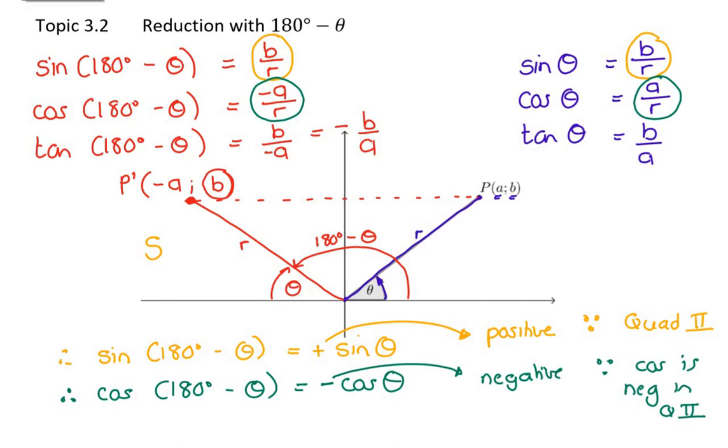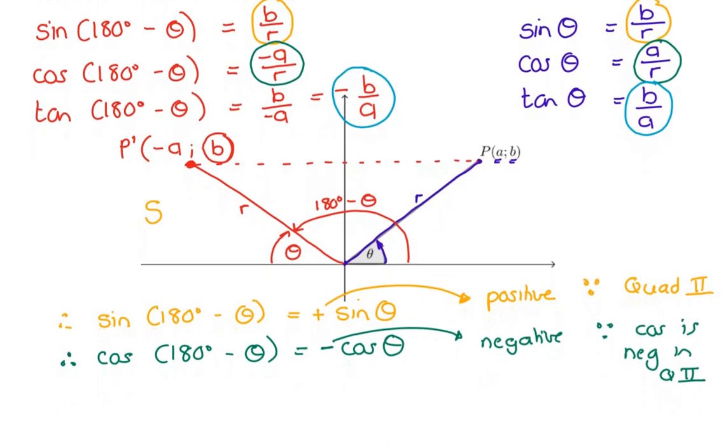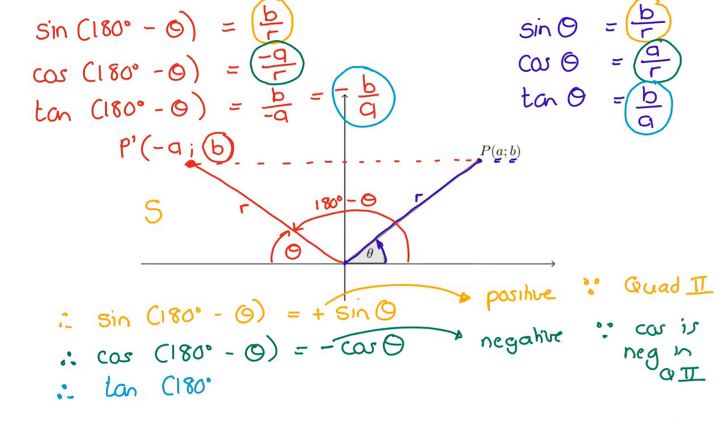My last relationship is that tan of theta is b over a, and 180 minus theta has a tan ratio of b over a, but again the negative cousin. So exactly the same conclusion as cos. If you're trying to find the tan of 180 minus theta, it has the same value as tan of theta because of the symmetry, but it's the negative cousin for exactly the same reason.